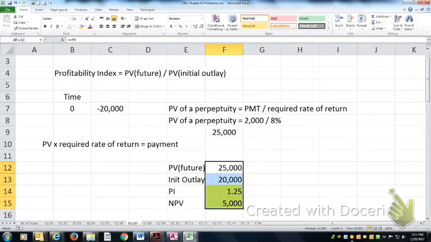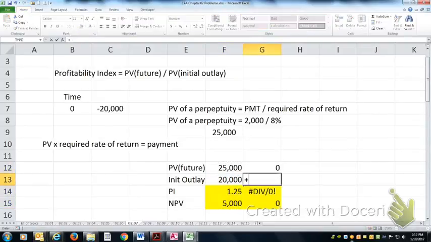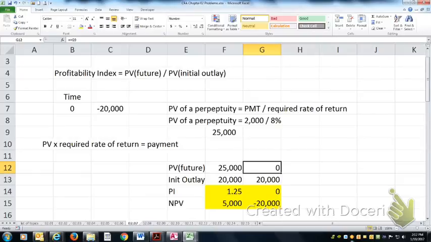If, on the other hand, we had calculated the initial outlay at $20,000 and the present value of all those future cash flows is only $18,000, it'll have a negative net present value, because all that means is the current value of all those future cash flows is less than what you're paying for them. So anytime you have a negative net present value, you also have a profitability index less than 1.